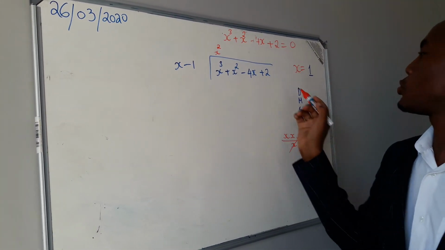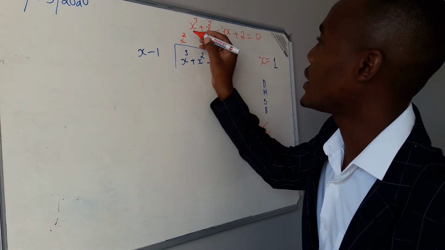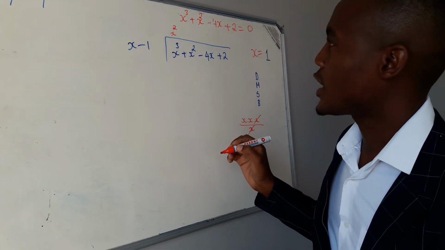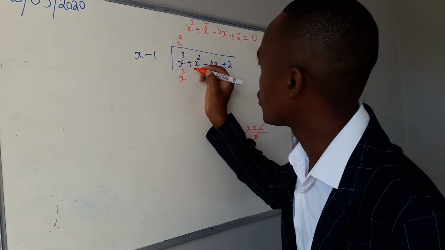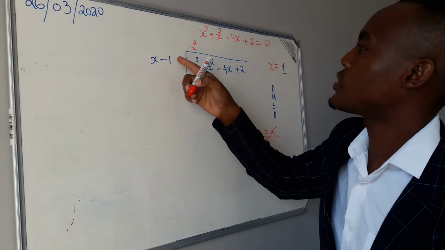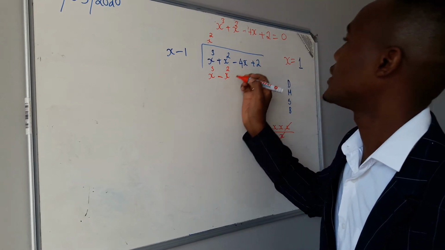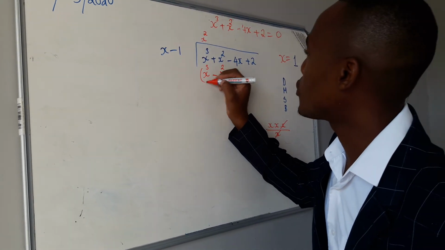The next step is to multiply, so I'm going to multiply this times this expression. Here x times x squared gives me x to the power 3, and then x squared times negative 1 gives me negative x squared. What I need to do now is to subtract.